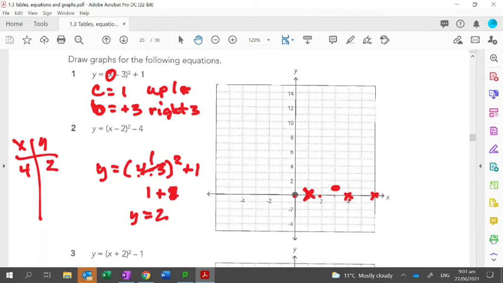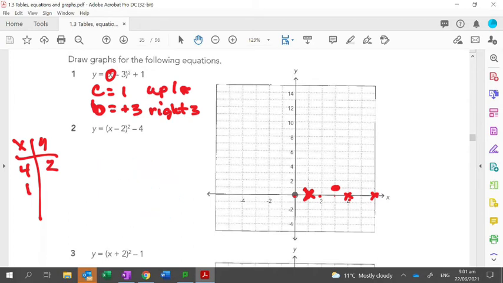So maybe x equals 1. Because it's further away from the vertex, pick something that's a few units away. Now, you could always pick more than one value. So let's see what 1 does to us. None of them are going to give you very big numbers unless you get really far on this particular one, because the numbers are so small. So look and see what happens when we solve the equation for x equals 1.